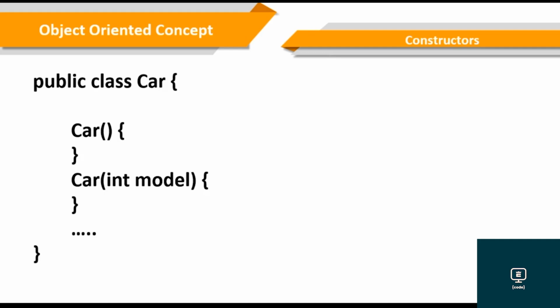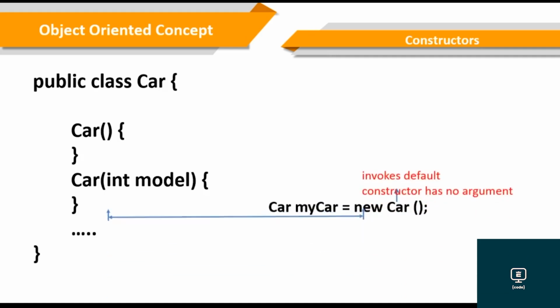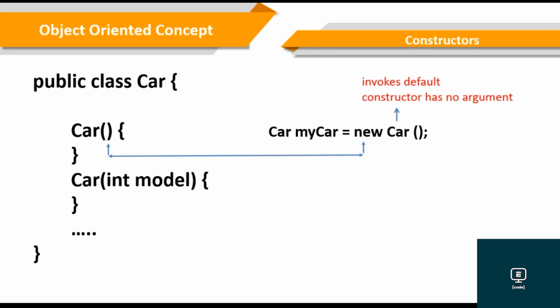In order to understand how a constructor works, take this as an example. Let's say we have a class Car, and we create two objects of Car. In creating the first object, the new keyword creates the object of class Car and invokes the default constructor, which has no parameter, to initialize the newly created object.